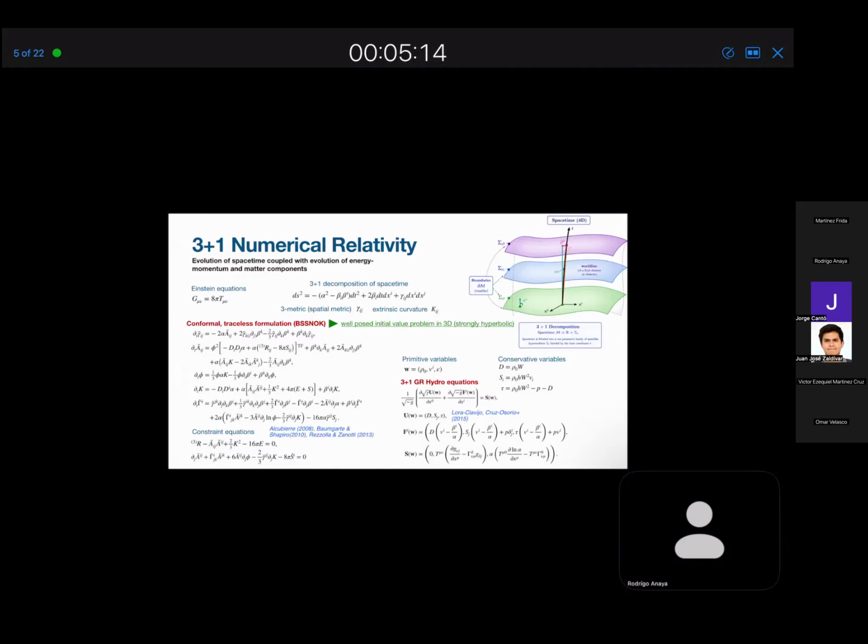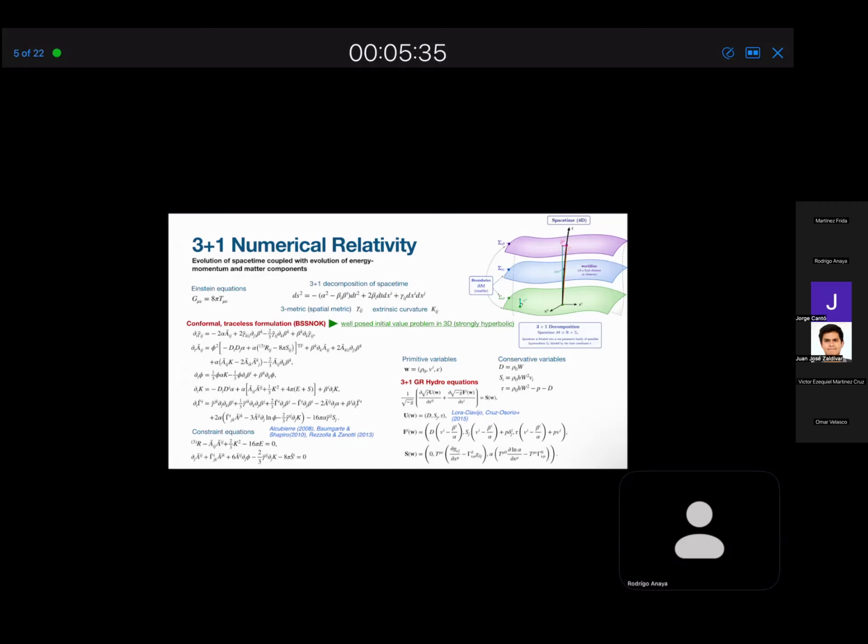We can regard our spacetime in this formulation as a split into 3D spatial hypersurfaces. Then for different coordinate times, we have different hypersurfaces that are related to the current stage of our evolution.